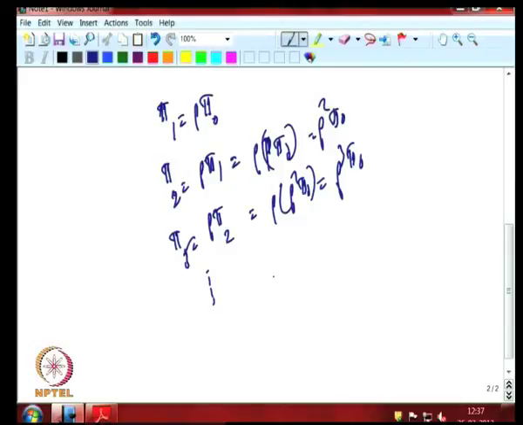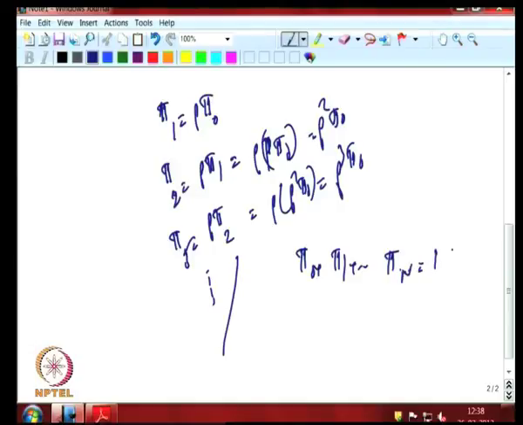So pi 0 plus pi 1 plus pi 2, all those things should be equal to 1, the maximum is n, so it should be equal to 1.